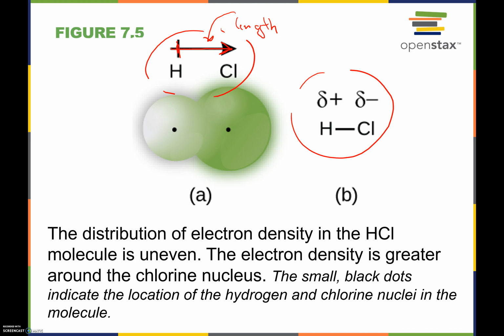The longer the arrow, the greater the difference in electronegativity between the two. It's also a vector, so it has a direction. Length is the magnitude, and the direction of the arrow is significant too.